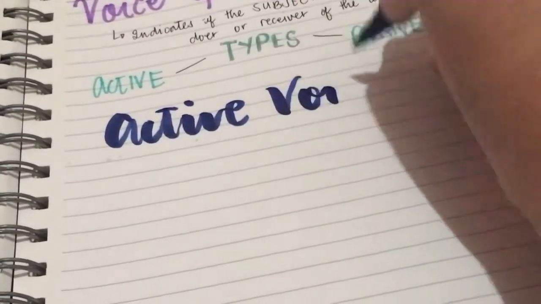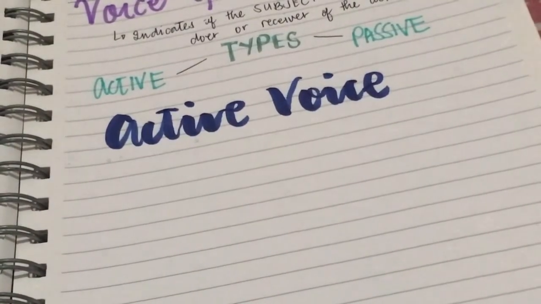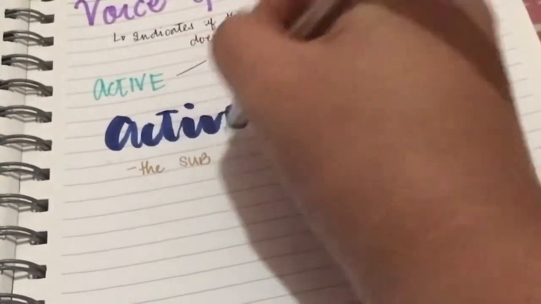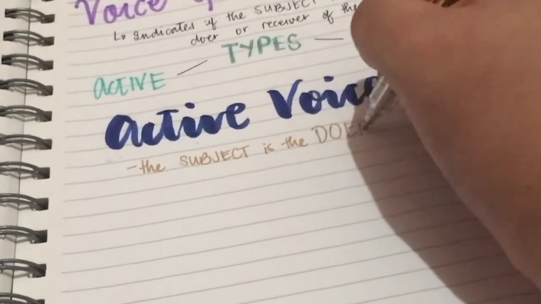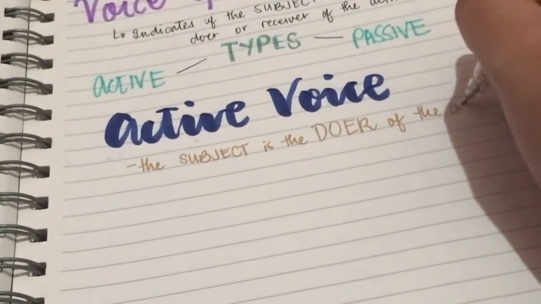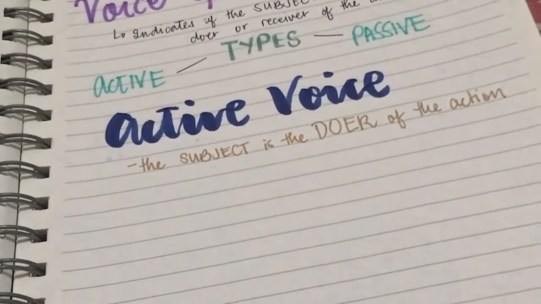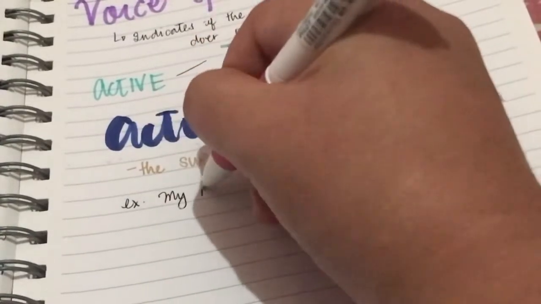Alright, so here I've already done a calligraphy of the word active voice, which means that I will be writing something about it. So to define, the active voice is when the subject is the doer of the action. So if you're going to look at the sentence and you know that the subject is the doer of the action, then the voice of that sentence is active.